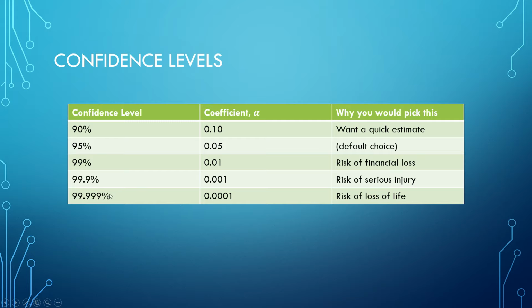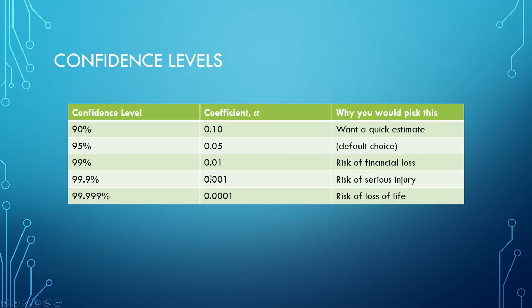A 99.9% confidence interval might be useful if you are making a product and you want to avoid any risk of injuring people. And a 99 point, you can go on forever, right? You can have like 99.999% confidence interval. And that is where you are really afraid of failure because failure might get someone killed. And that's something you really want to avoid. And so that's when you might have these really high confidence levels.